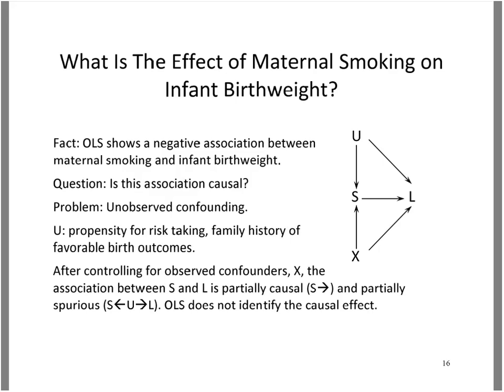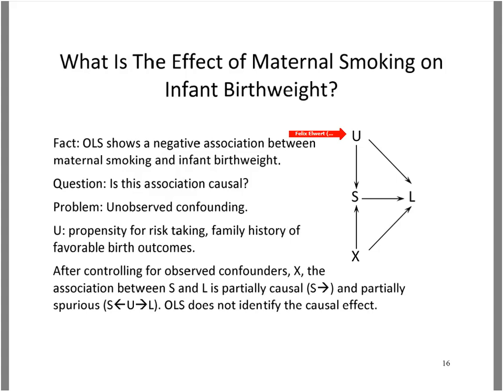So let's look at the structure of this DAG. Here we have S, that's smoking, L is low birth weight, X are observed common causes of smoking and low birth weight, perhaps a measure of mother's socioeconomic status. But there might also be unobserved shared risk factors between maternal smoking during pregnancy and low birth weight.